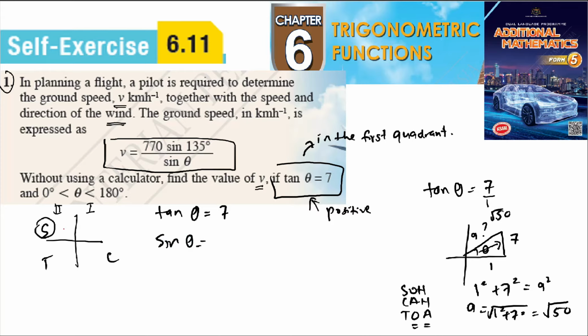Using the formula, sine is equal to opposite divided by hypotenuse of this theta. So here opposite is 7 and hypotenuse is the one that we calculated before, which is root 50. So now we get our sine theta, and we can substitute it.